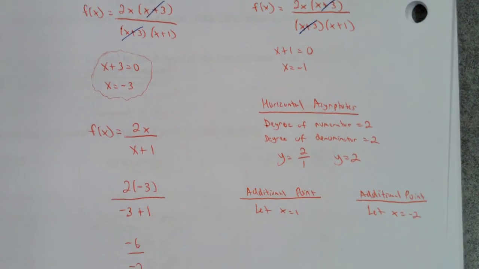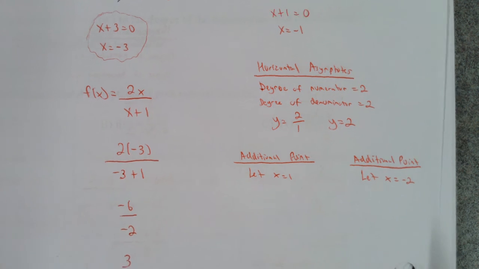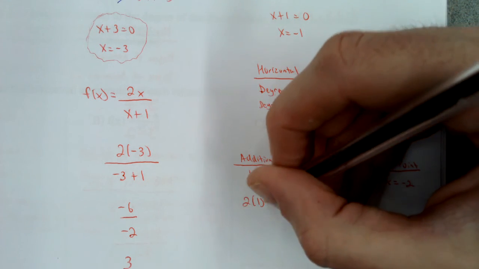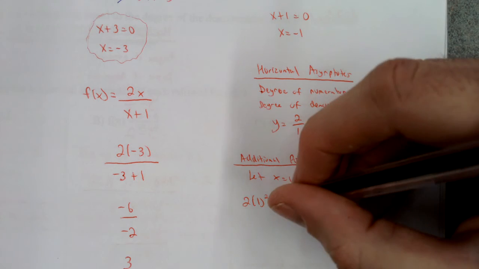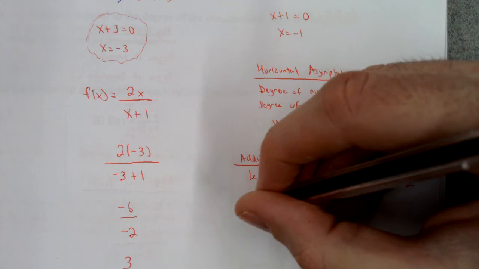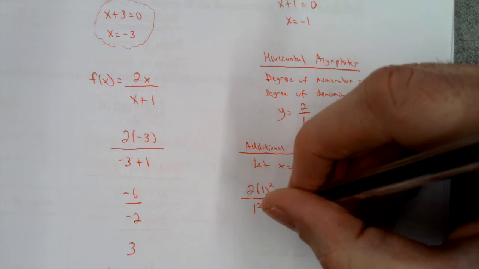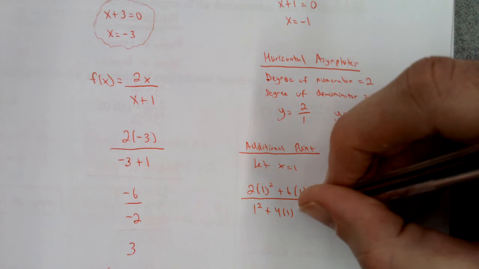For x equals 1, we're going to substitute back into the original problem. So it was 2 times x squared, so 2 times 1 squared, plus 6 times 1, over x squared, so 1 squared, plus 4 times 1, plus 3.